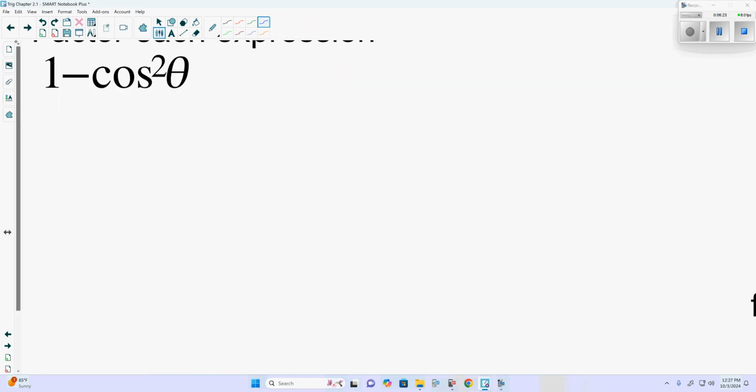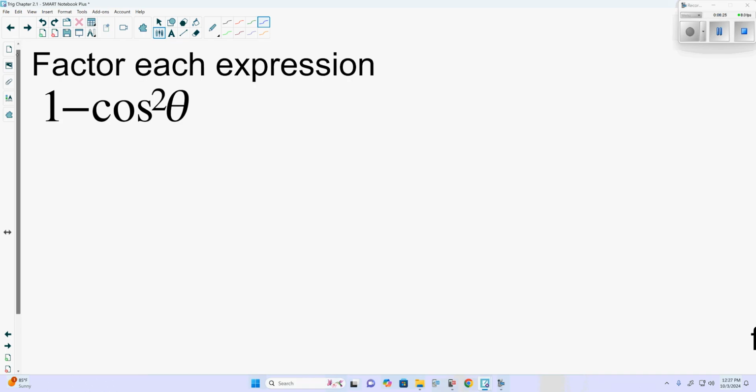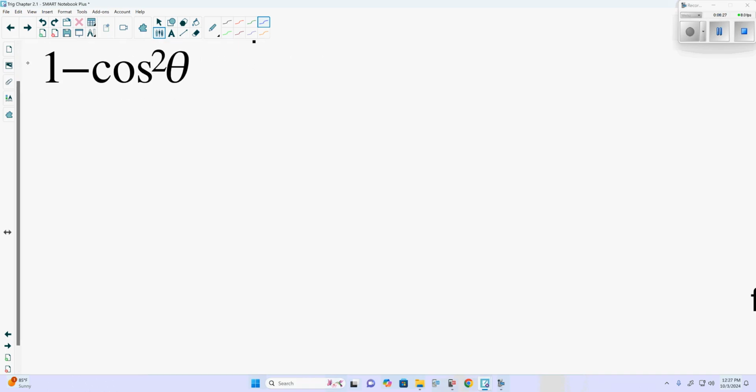1 minus cosine squared, and we want to factor it. Well, this here is a difference of perfect squares. So our difference of perfect squares was defined as a squared minus b squared is equal to a plus b and a minus b.